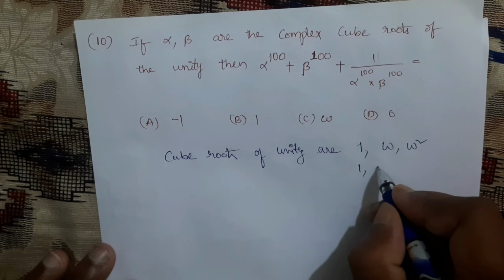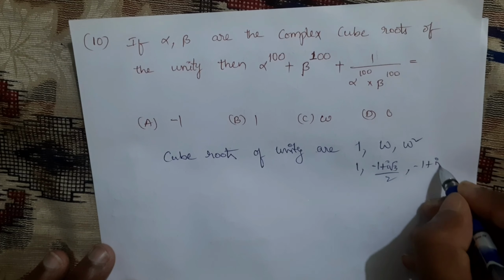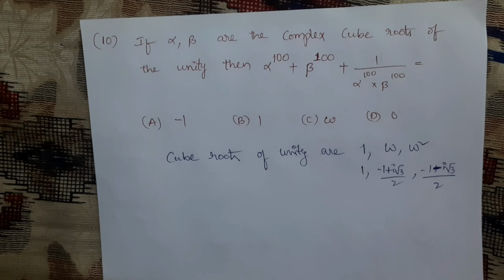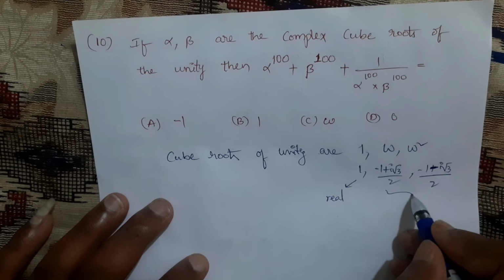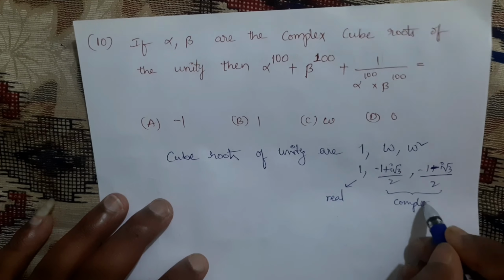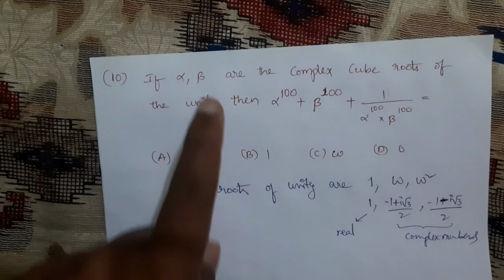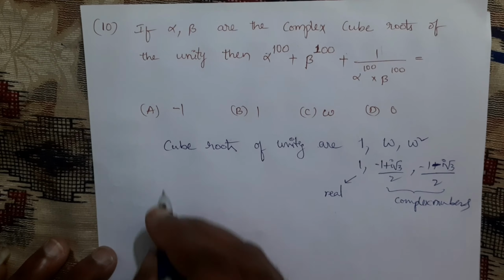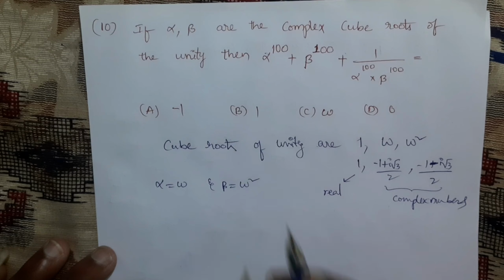Those values are 1, minus 1 plus i root 3 by 2, and minus 1 minus i root 3 by 2. These are the three cube roots, but out of those three, this is a real number, and these two are complex numbers. So here, alpha and beta are the complex cube roots. That means we need to consider alpha equal to omega and beta equal to omega square.